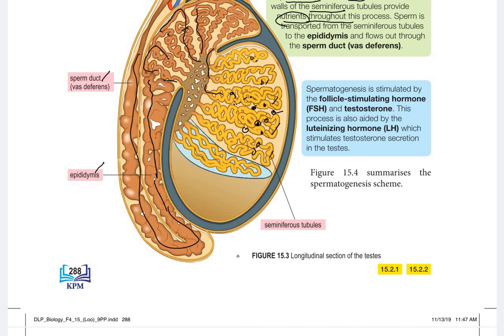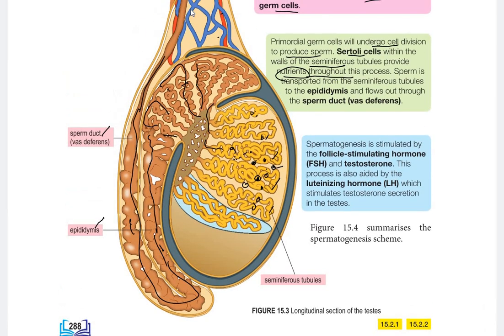So these are all the sperm, they swim here. Then through the sperm duct, they will flow out to the urethra, inside the penis. If you do not remember, you can go back and look at the diagram of the reproductive system. So this is the structure of the seminiferous tubules.